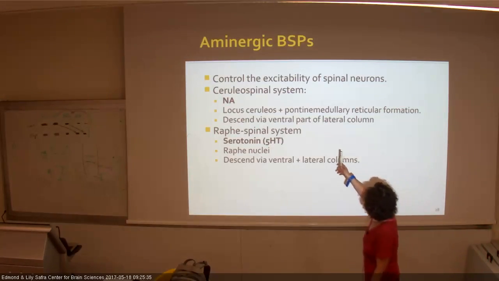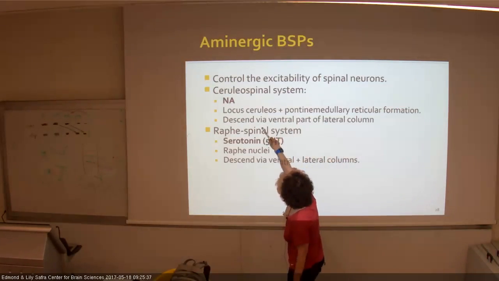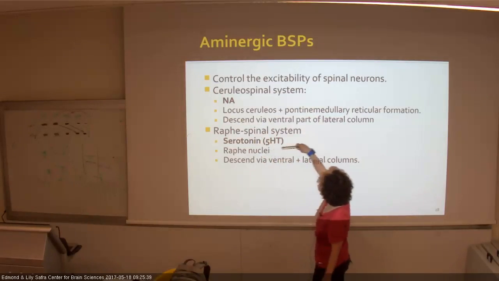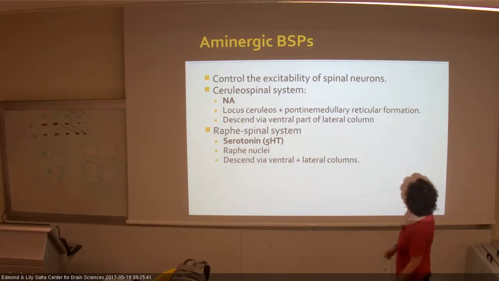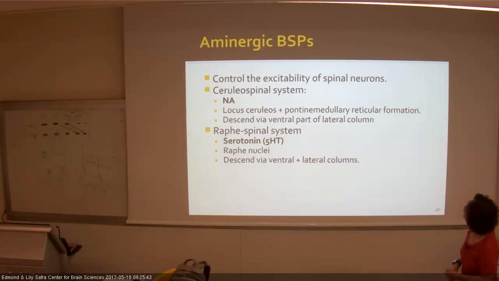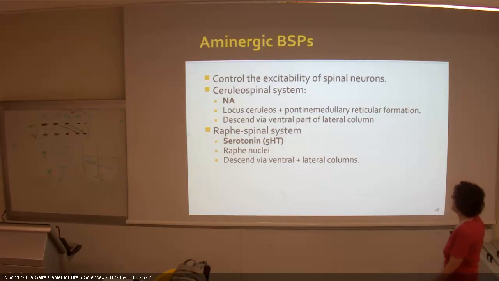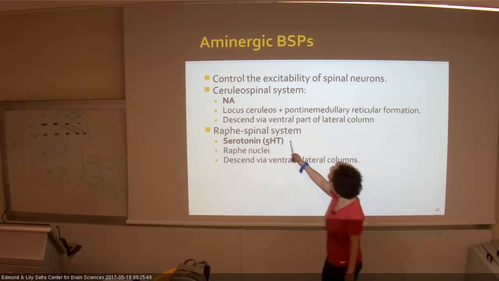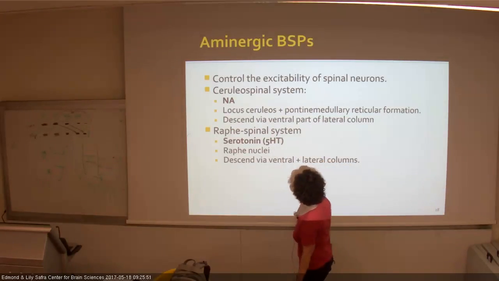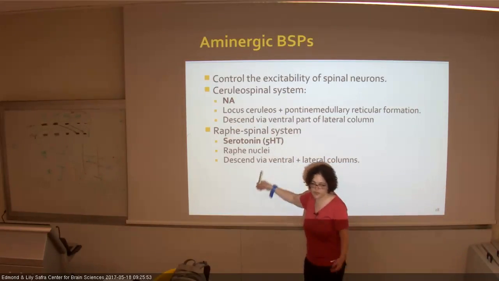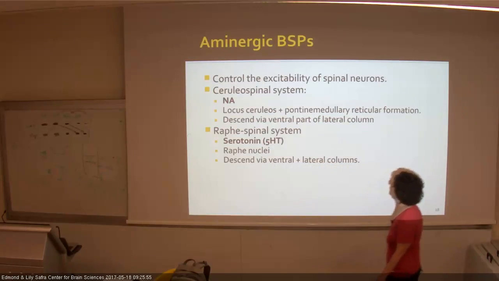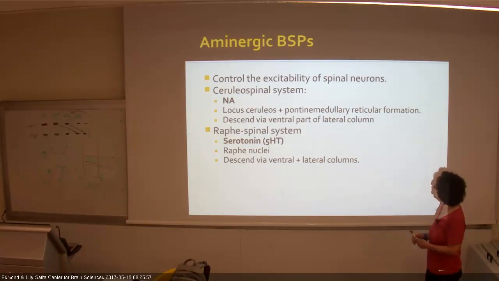So we are talking about the ceruleospinal system that contains noradrenaline, starts from the locus ceruleus and the pontomedullary reticular formation, and descends via the ventral part of the lateral column, and the raphe spinal system, which contains serotonin. The origin, of course, is the raphe nucleus and it descends via the ventral and lateral column.